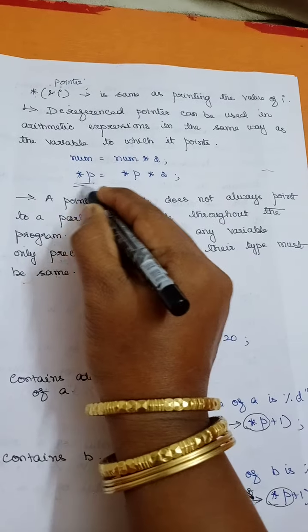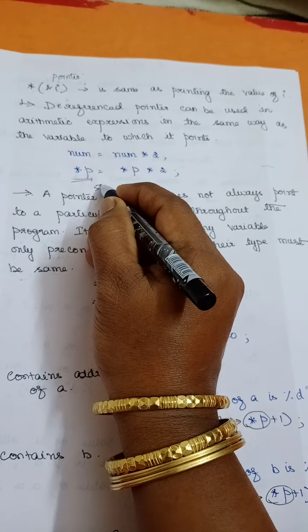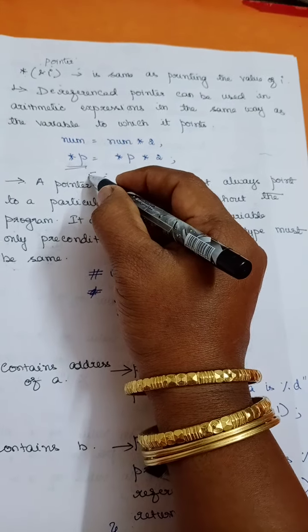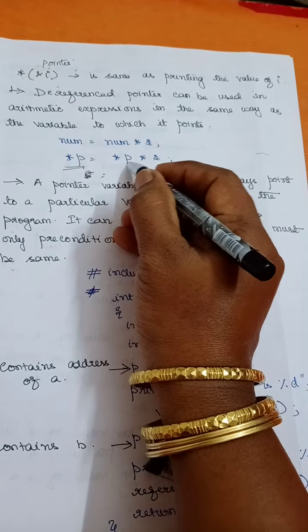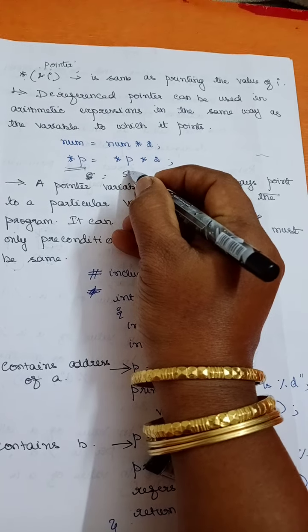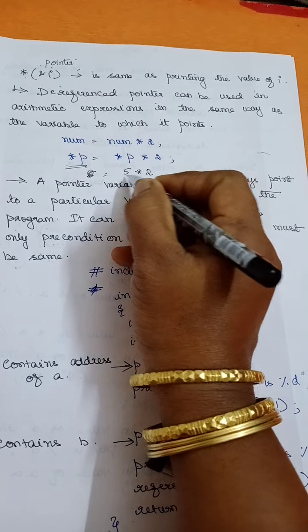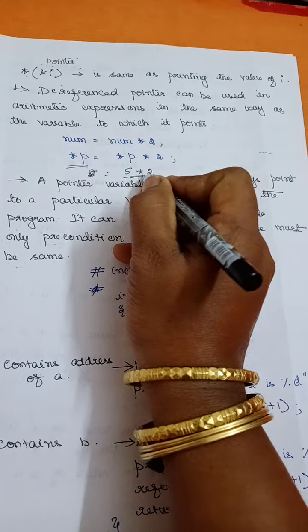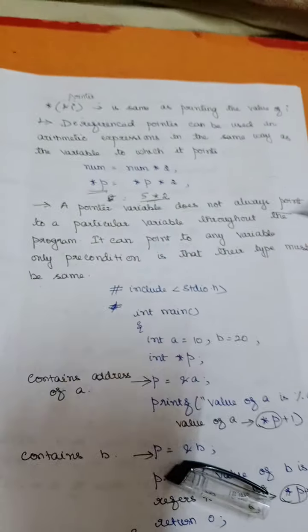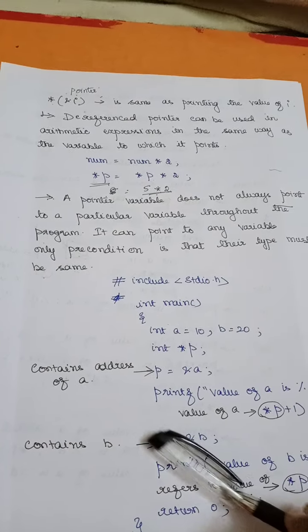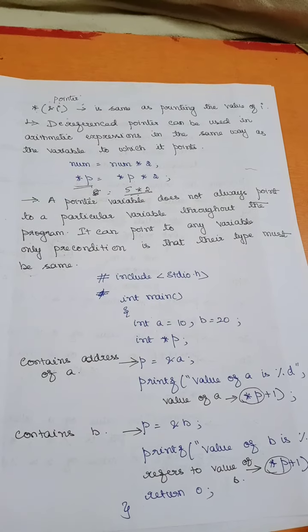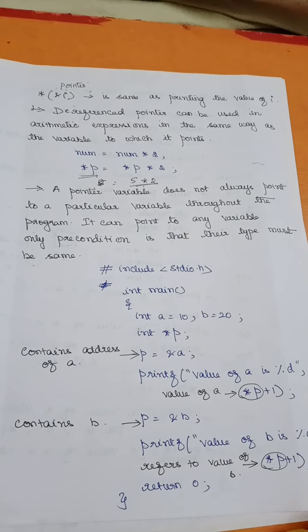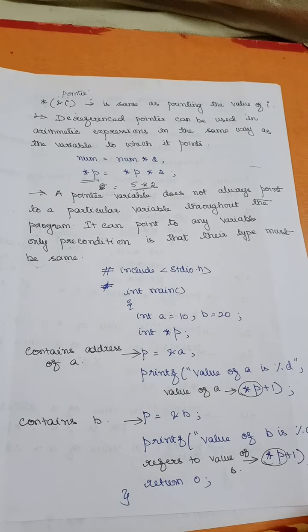Star p refers to the value 5. The new value of star p is 5 into 2, which is 10. The 10 will be assigned to that particular location where the value of i is placed. Is that clear?